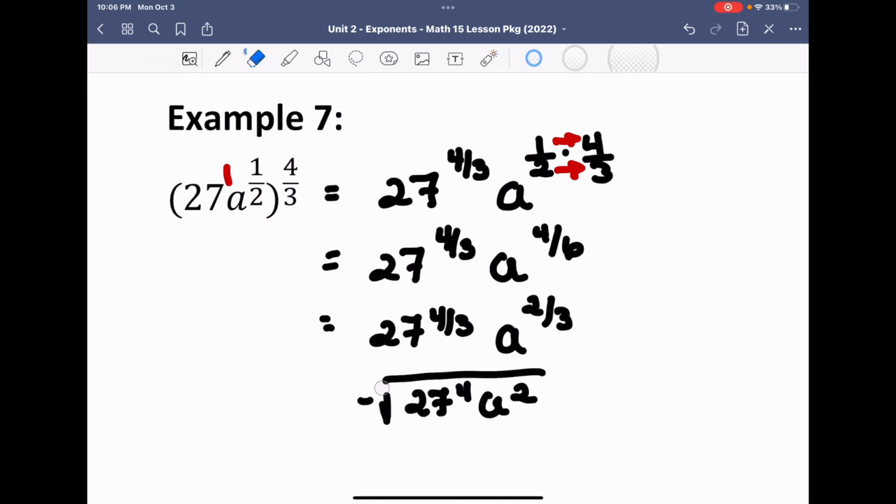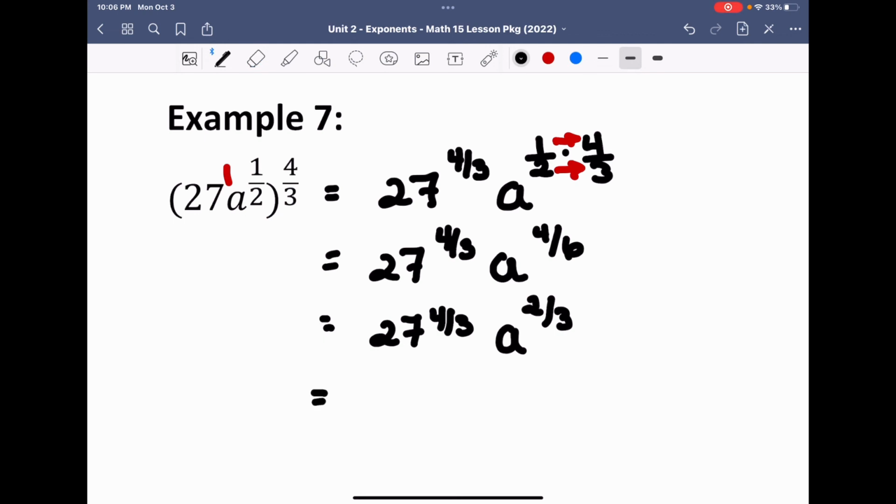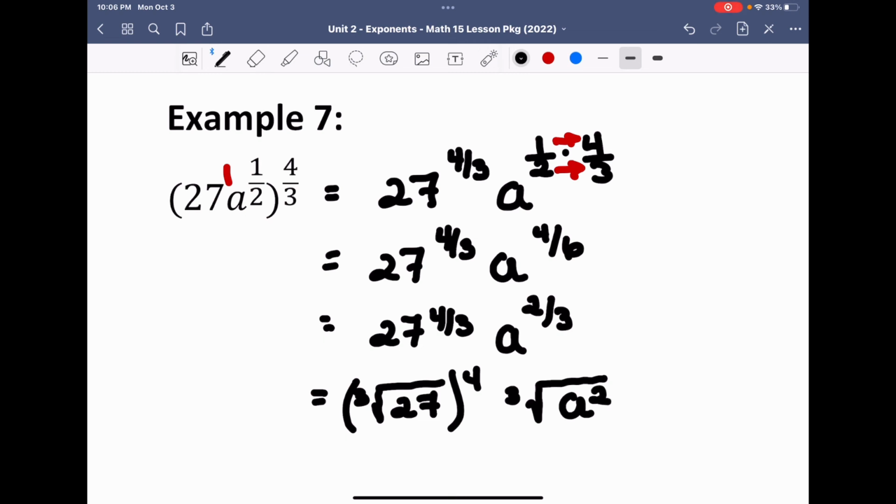However, I'm going to break these apart because what I want to try and do is simplify this 27 as much as possible. So this is equal to the cube root of 27 to the fourth power multiplied by the cube root of a. And we can put the squared underneath or outside.